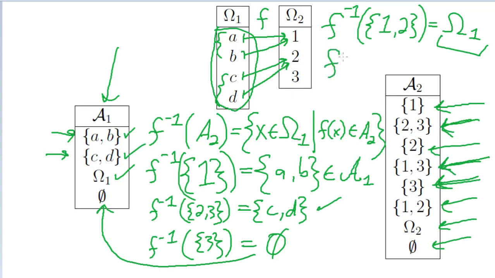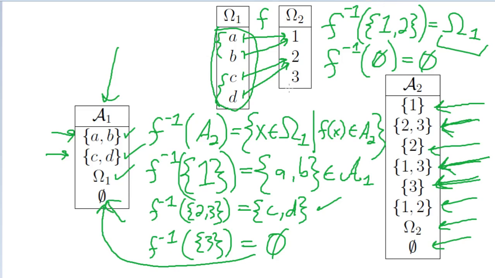So the pre-image of the empty set is the empty set itself, right? So that's in there. So that is apparently a measurable function. We have found a measurable function.